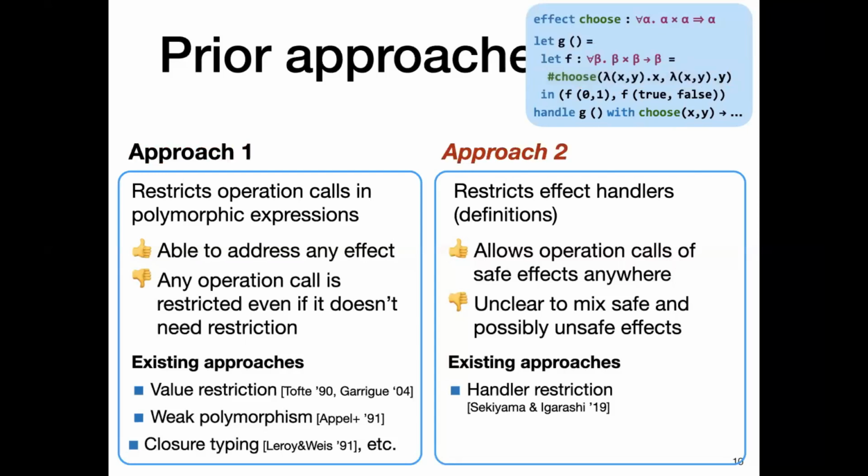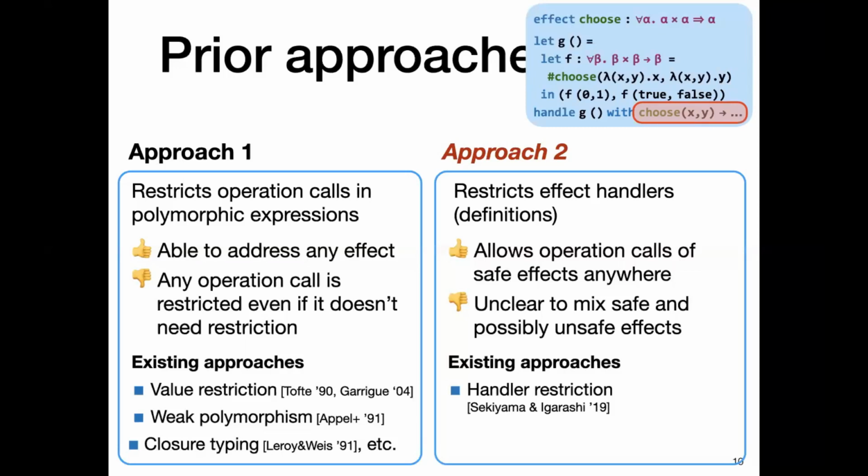As a complementary approach in the previous work, we provided a new approach to restricting effect handlers instead of operation calls. So in the running example, this approach restricts this part, the effect handlers.